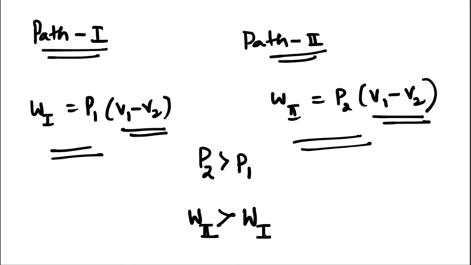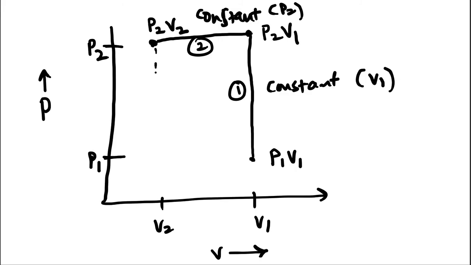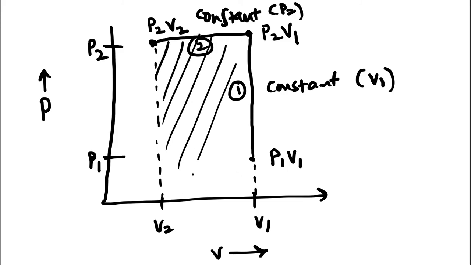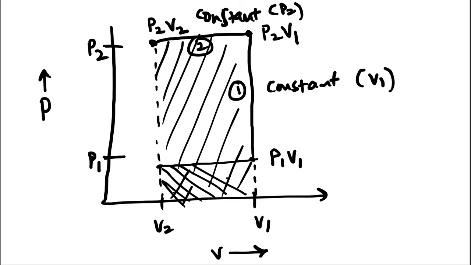Work depends on the path followed. So the area under this curve is the work done in the second process, which is higher than the work done in the initial process, path 1. So how much is higher? This much is higher.